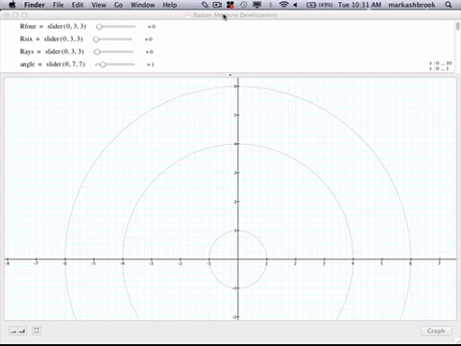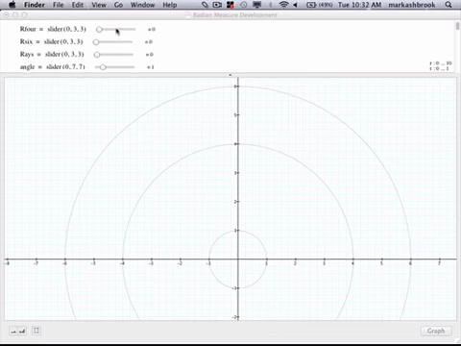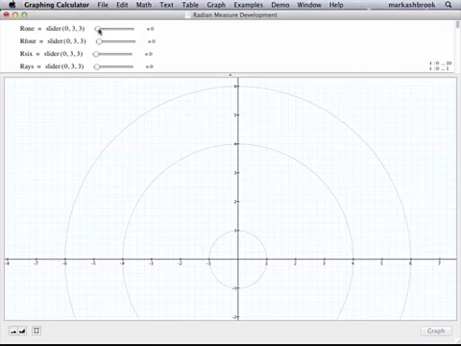So I'm showing 3 circles here, one of radius 1, one of radius 4, and one of radius 6. Is that okay? All right, so the question is, I just put a purple bar up on the screen.